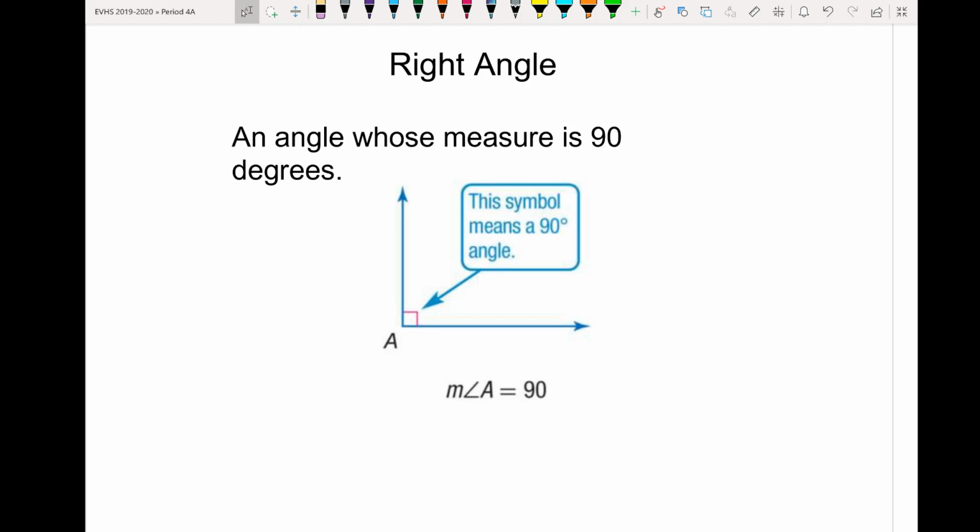If it's marked as a right angle, it's a right angle, okay? Also, do not assume that just because something appears to be right, that it is right. Because it could be 89.5. It could be 99.5. And the difference between 89.5 and 99.5 is so minuscule that the eye can't detect it, but it's a difference between right, obtuse, or acute. Okay, so don't assume. Only if it's actually marked as such.